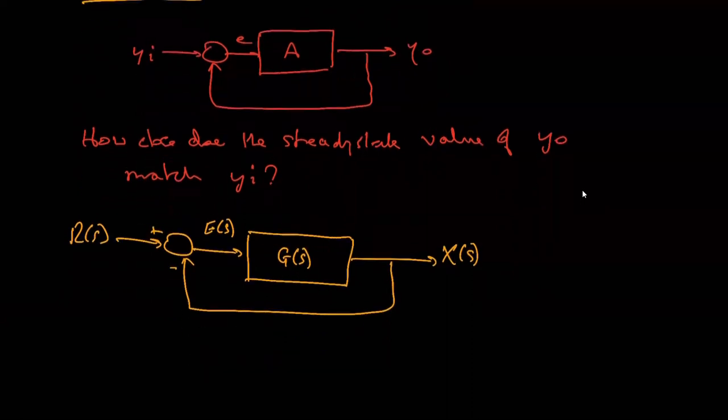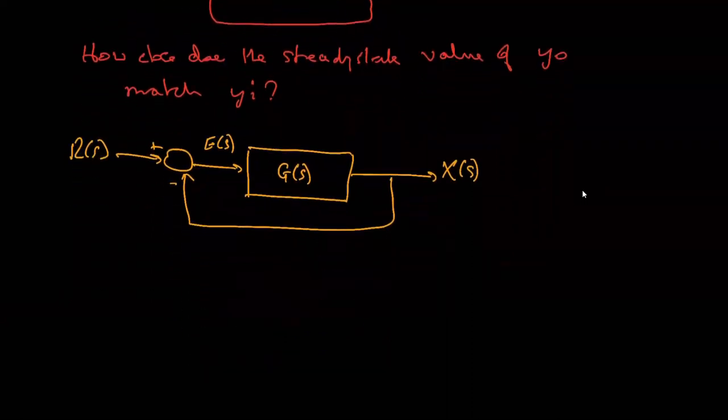Now I know what X looks like for this. It's just R times the transfer function of the feedback loop, which is G of s divided by 1 plus G of s. Okay, so that's the function that describes this block diagram.